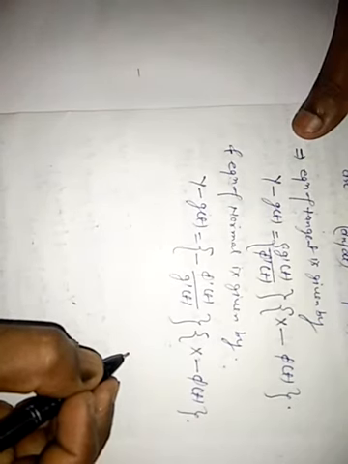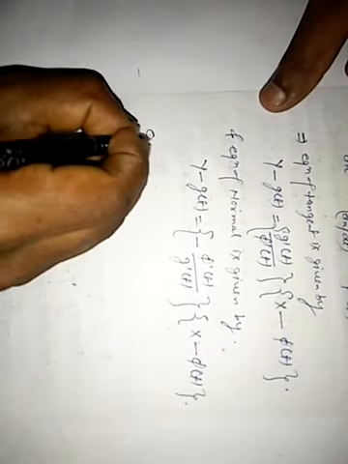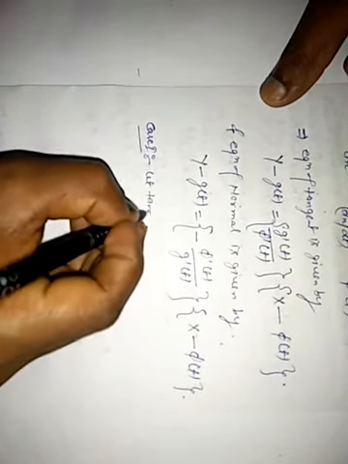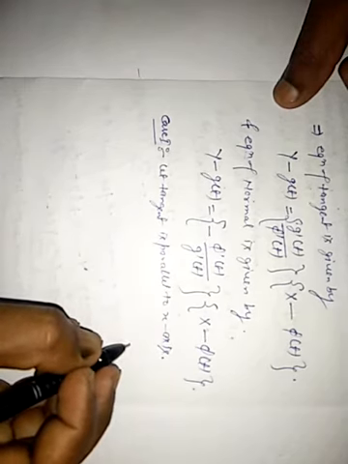Now we will study some cases. If the tangent is parallel to the x-axis, or the tangent is parallel to the y-axis, then what happens? Let the tangent be parallel to the x-axis, which means it makes a zero angle.